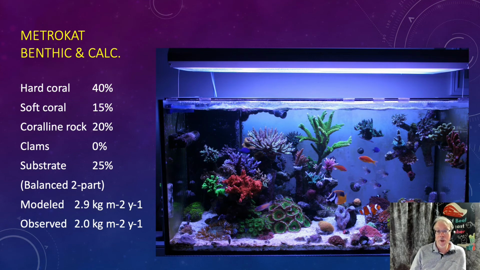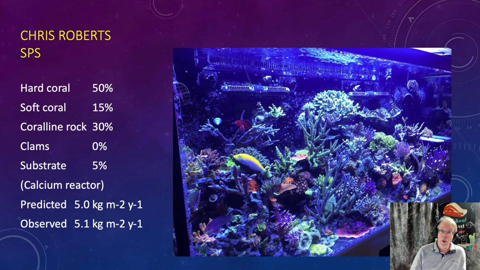A quarter of the tank, as she reported it, is covered with substrate. It actually looks like it may be a little bit more than a quarter to me looking at this picture, but whatever. She's using 2-part supplements, and the modeled rate for the system was about 3 calcification units, and she observes 2. So the model performs well.